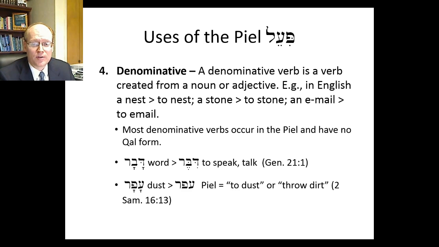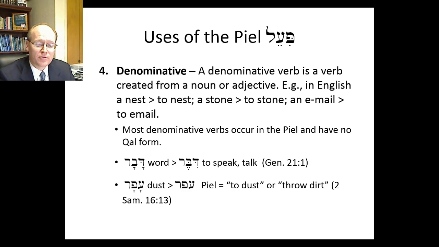A denominative verb is a verb created from a noun or adjective, and we do this all the time. Some of the most recent denominatives in English are email and text. A little older ones would be like phone, phone me. I've given examples here. A nest, we talk about to nest. A stone, you may stone someone, and so on.